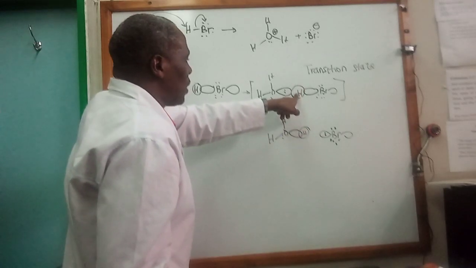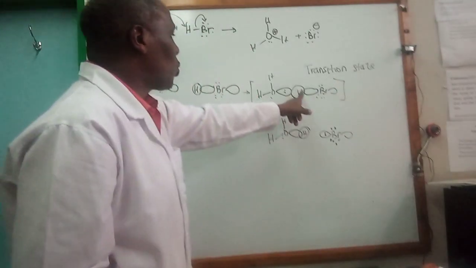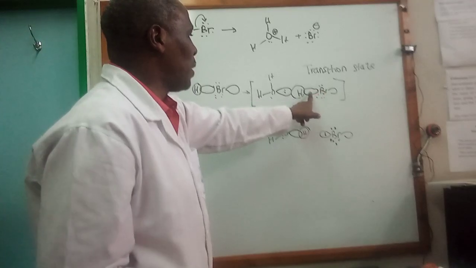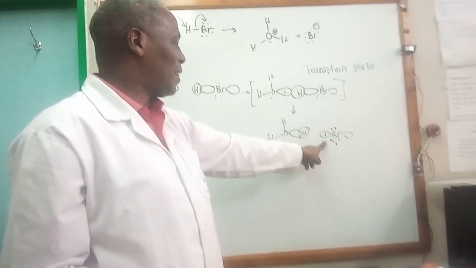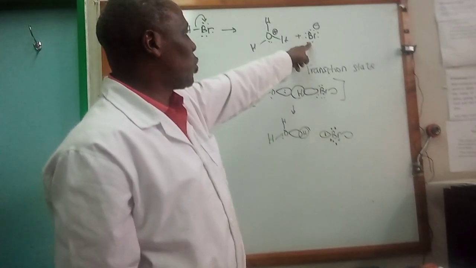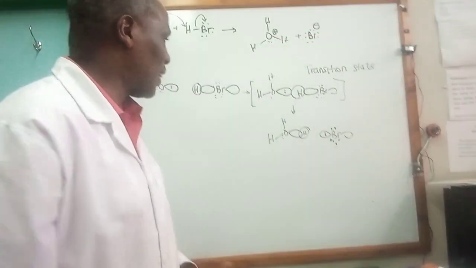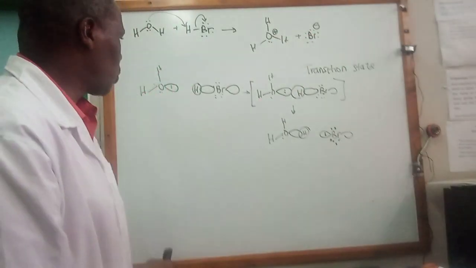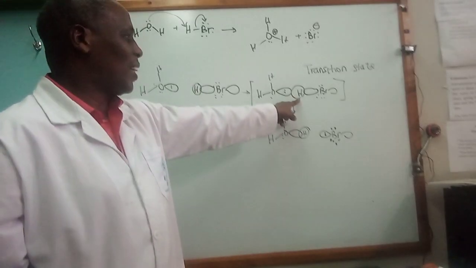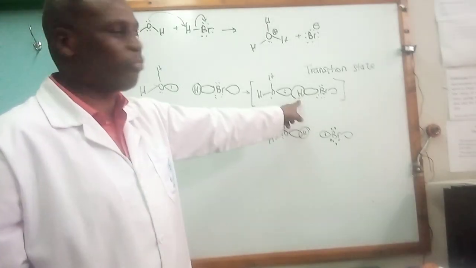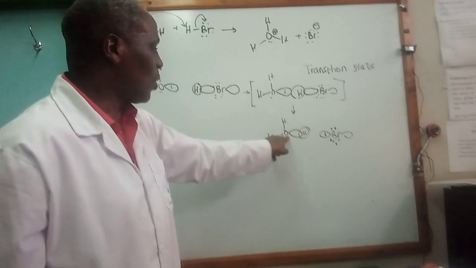Then the bond between your hydrogen and your bromine is going to break, and those electrons will go to the bromine to become your new lone pair. Can you see now? So this is what you're going to be showing as your bromine here. Now this structure may not be easy to understand, but showing the orbitals makes it easy to show how the oxygen approaches, overlaps with the sphere for the hydrogen, pulls the hydrogen to itself, and forms a covalent bond between the oxygen and the hydrogen.